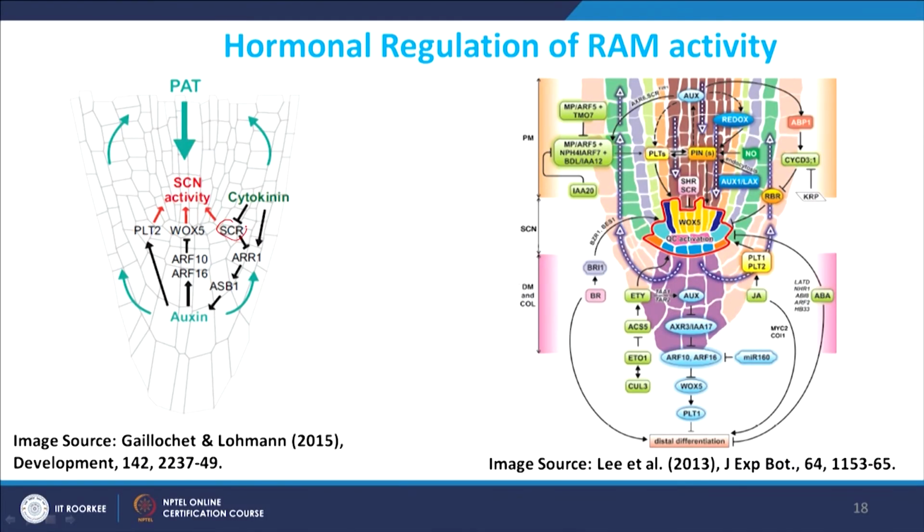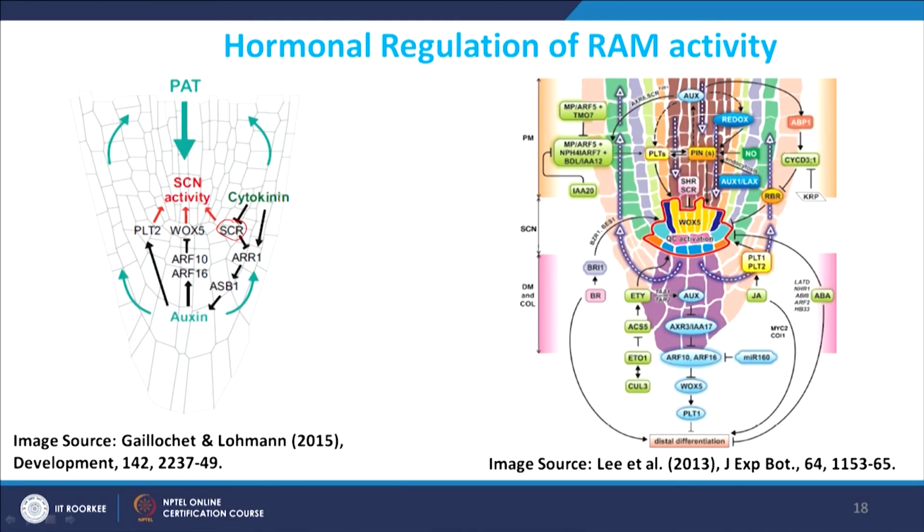We may not go into great detail because this is a very complex process of hormonal signaling, but auxin, brassinosteroid, all these hormones also play a very important role, either directly or through the same genetic regulatory pathways which we have just discussed, to ensure proper root apical meristem maintenance. For example, if you look here, this is scarecrow.